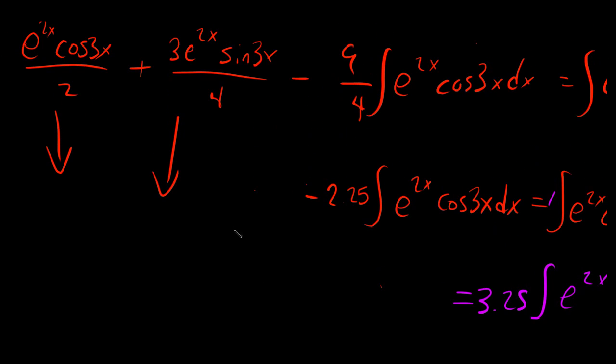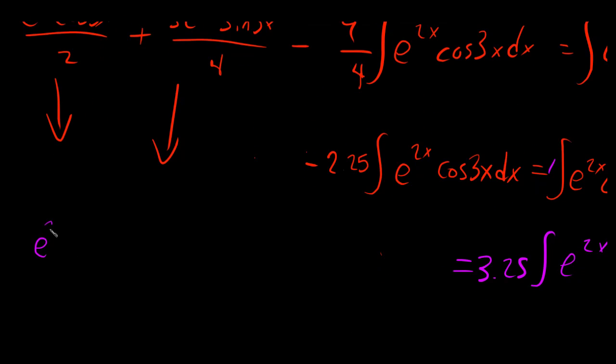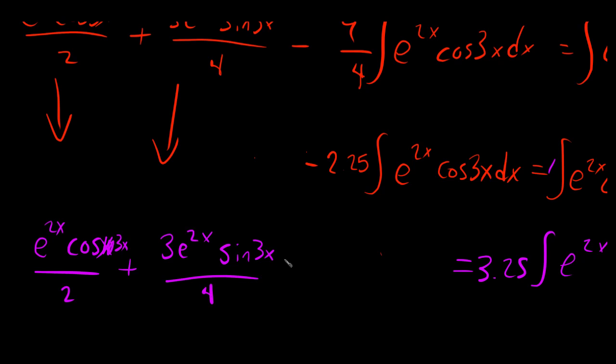is equal to e to the 2x cosine 3x over 2 plus 3e to the 2x sine 3x. This should be 3x, my bad, over 4.